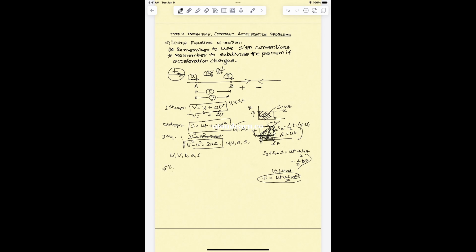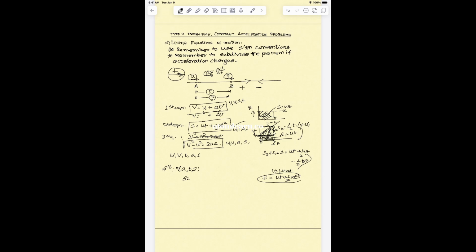Now the fourth equation, the combination which is left out, I put as V, A, T and S. We can form an equation like this by using the first equation and the second equation, and then we can eliminate u.